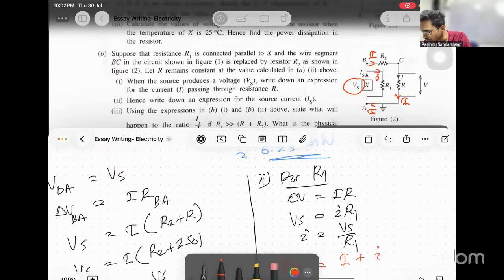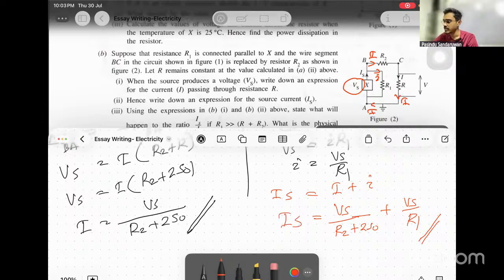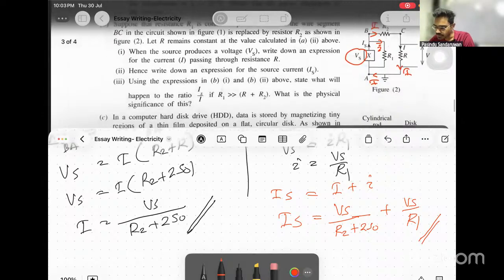Capital I was Vs over R2 plus 250, plus small i was Vs over R1. This is Is. Hence, the expression for Is is given by this.